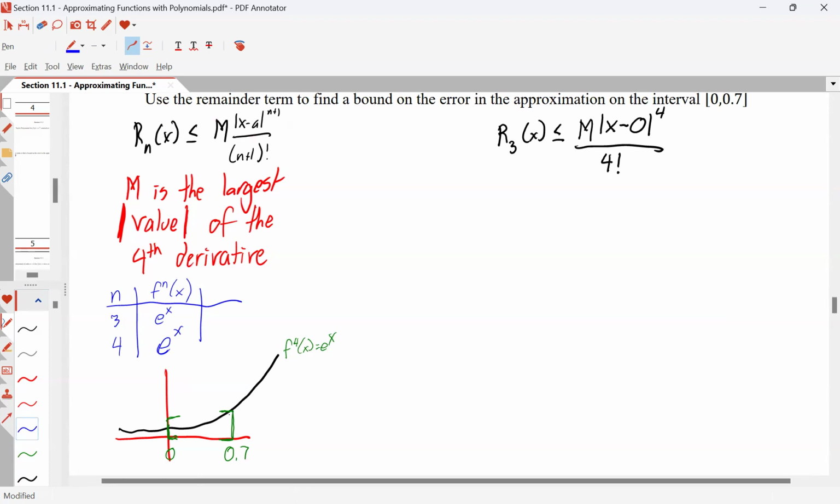So the largest value of the fourth derivative between 0 to 0.7 occurs at 0.7. So M equals e to the 0.7, because that's where this function is the largest. Meaning our third remainder is less than or equal to e to the 0.7 absolute value of x to the fourth all over 4 factorial.